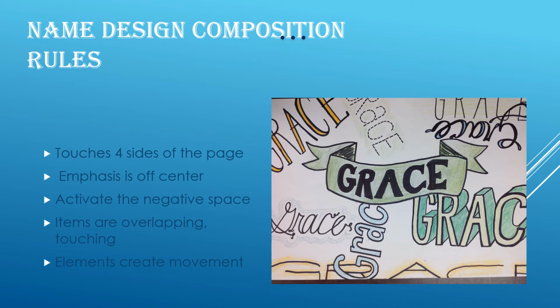For your final design, you must have your name going multiple times on the space and touching four sides of the page. You need an area of emphasis, which is off-center. You're going to activate the negative space. Make sure that you have your name overlapping and touching, and you want to create a sense of movement.